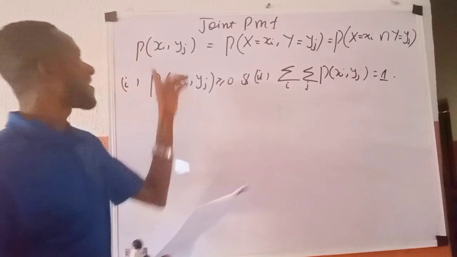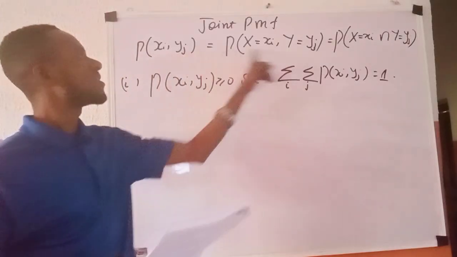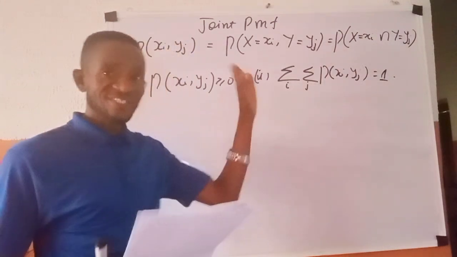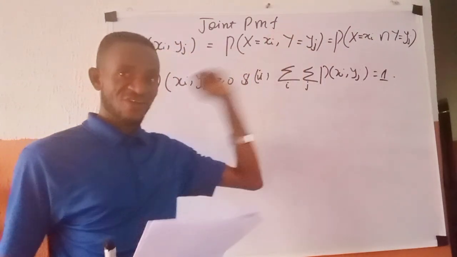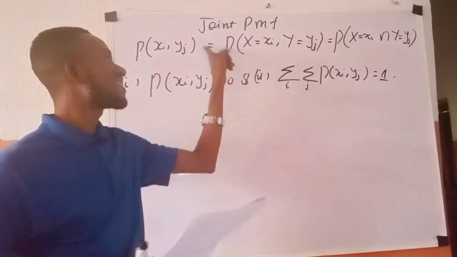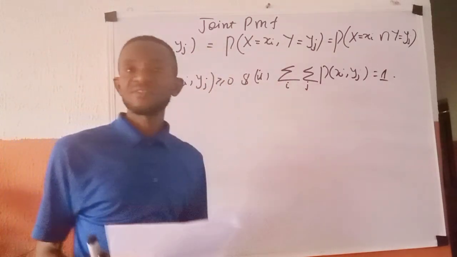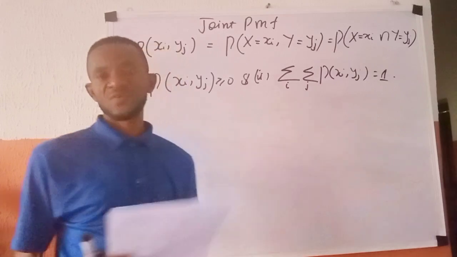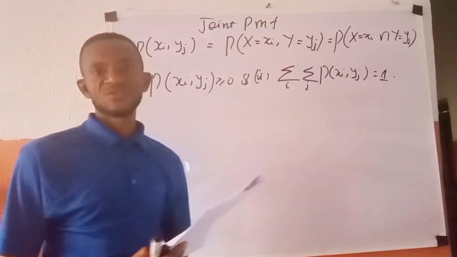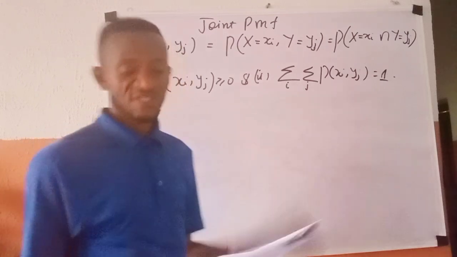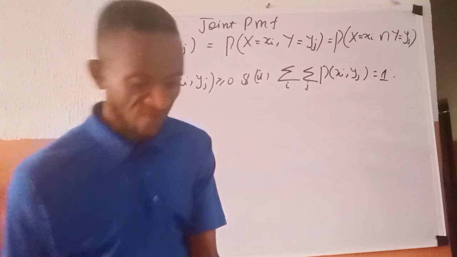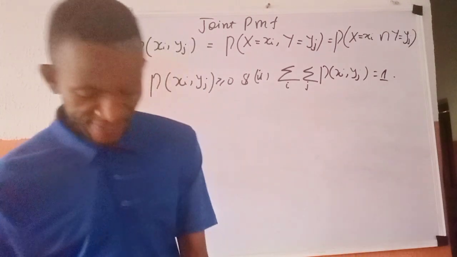When we define a probability this way, such that these probabilities all satisfy this condition, we say that this probability which we have defined is the joint PMF of the random variables x and y. So that's what we call the joint probability mass function of the random variables x and y.